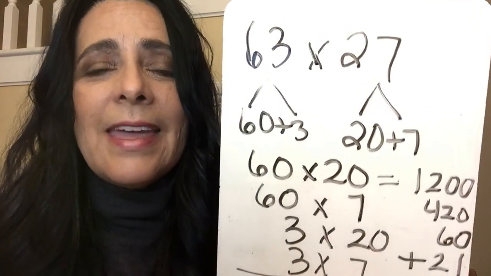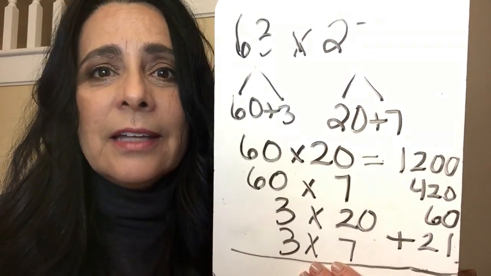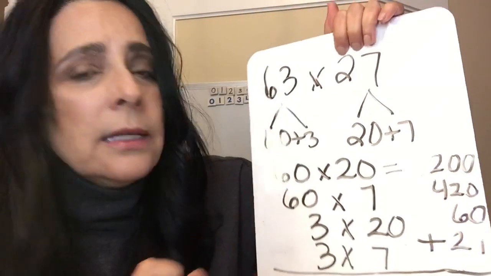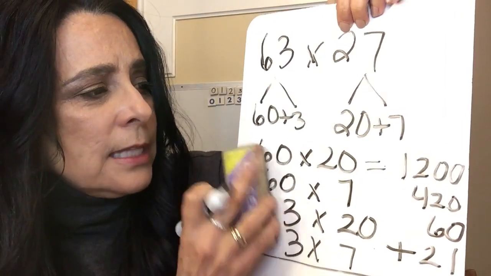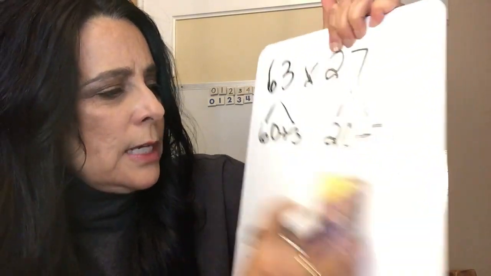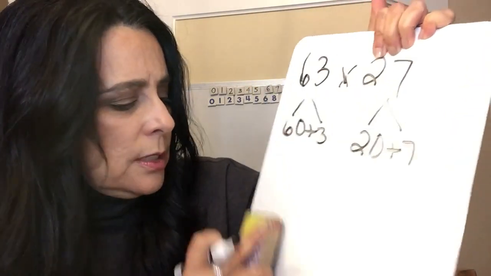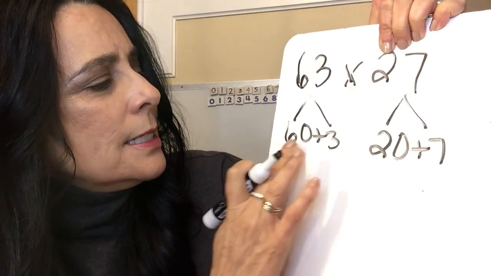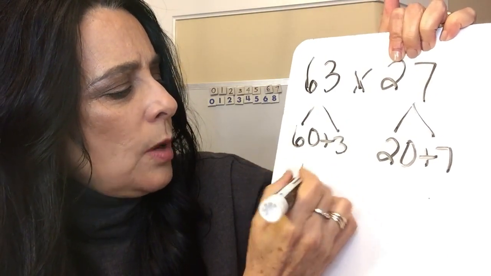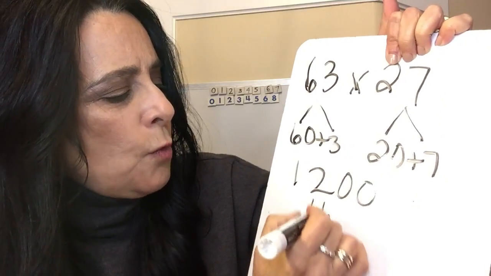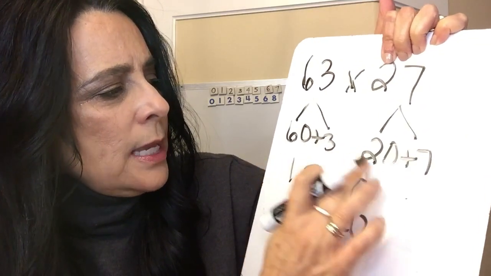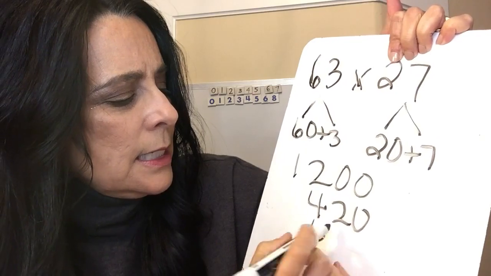They love it. They absolutely love this method. Some of them, your more fluent students, may not need this. They might go straight to here. And I did have several students who did that. 60 times 20 is 1200. 60 times 7 is 420. 3 times 20 is 60.